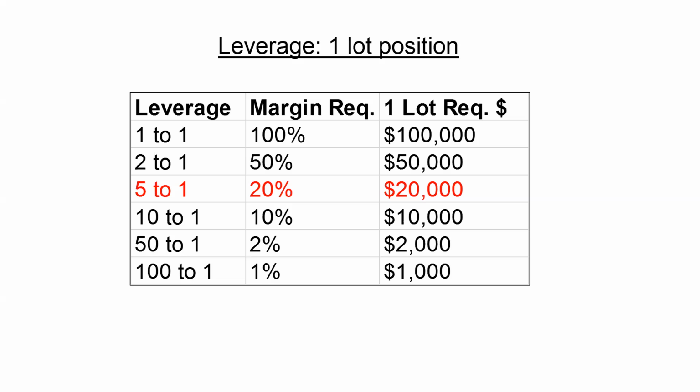So you can see you can gain exposure to some very, very large price swings for the value of your account simply by taking on a lot of leverage. Now, this can be a good thing, but also it can be a very bad thing. And as I mentioned before, risk control is key.